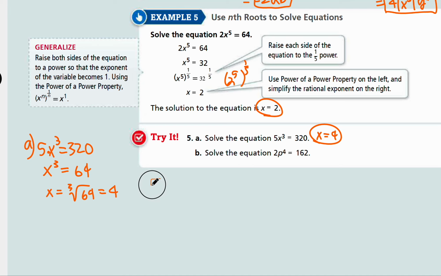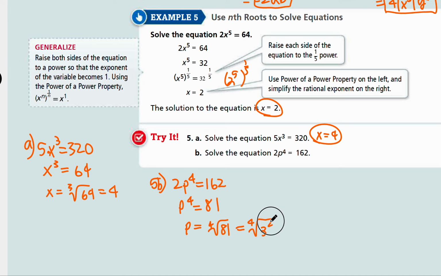All right, 5b, solve the equation 2p to the fourth power is equal to 162. Same thing, divide both sides by 2, and you get p to the 4th power is equal to 81. And then you take the fourth root of both sides to get p is equal to the 4th root of 81, or the 4th root of 3 to the 4th power.